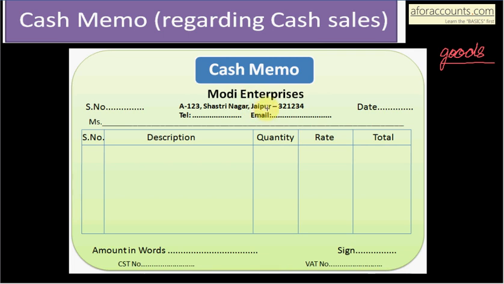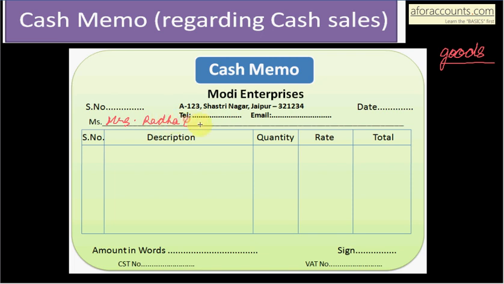You have to see that over here, the details of the person to whom you are selling, that is, the buyer's details, have to be written here. Say the person who is buying goods from Modi Enterprises is Mrs. Radha.